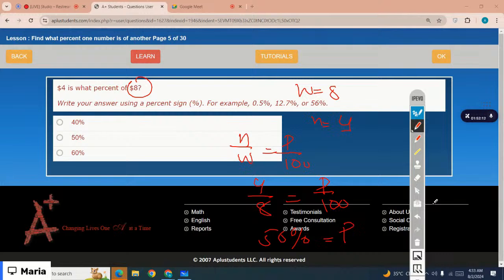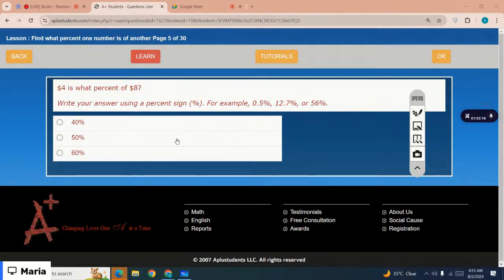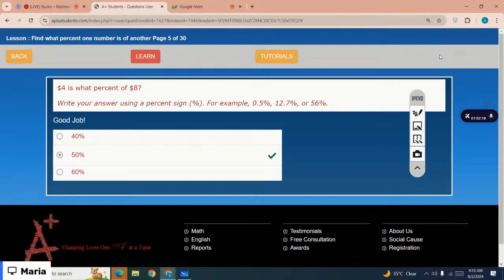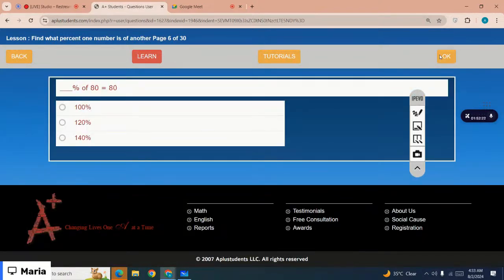Okay, let's do one more, then we'll move on to next lesson. 100% it is, right? 80 and 80, they both are exactly same.